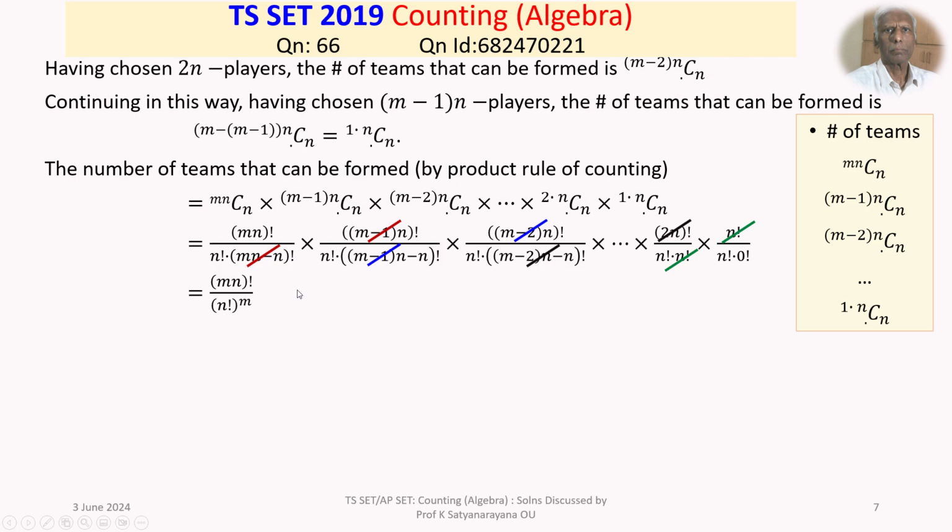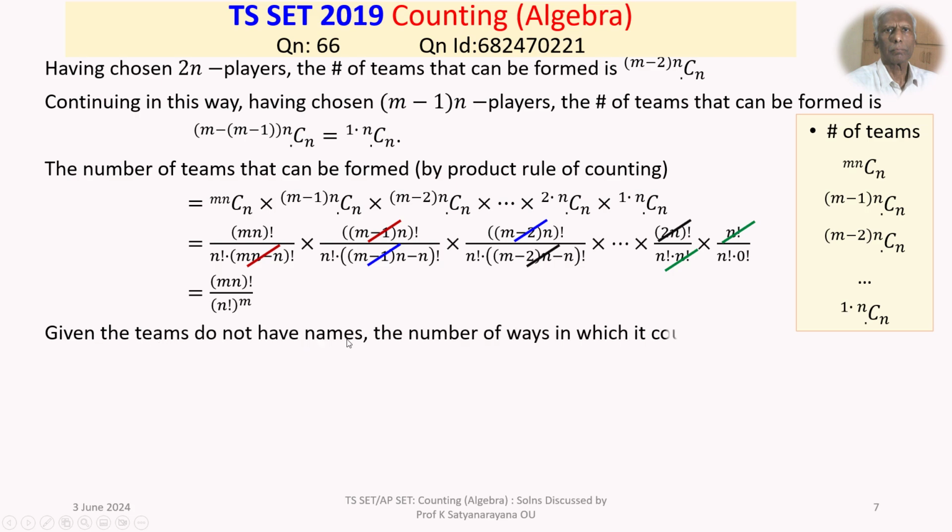Because the teams do not have names or numbers, you have to cut down those which are repeated. In this, m factorial times these are included. Therefore, we have to divide. So the answer is mn factorial by m factorial into n factorial to the power of m.